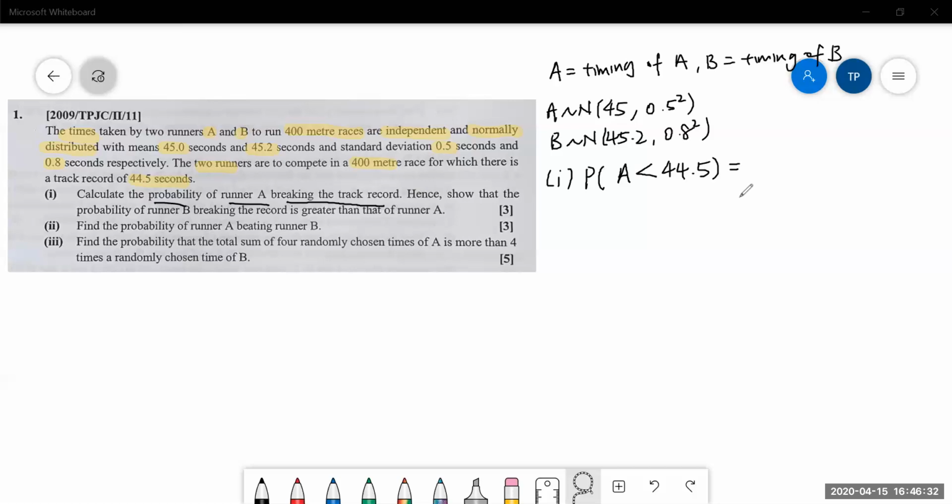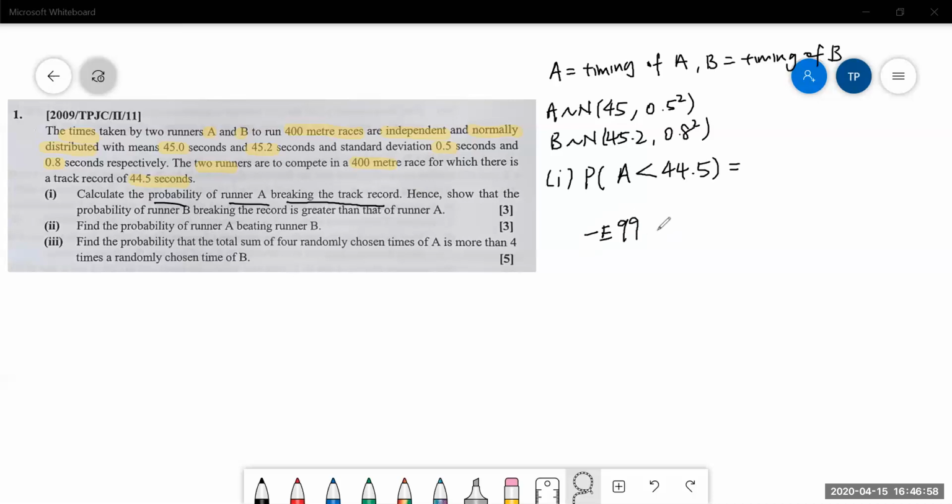Wait, the X is CDF, right? CDF, you always use CDF, you never use PDF. Then there's the lower and upper limits. The lower is negative E99.